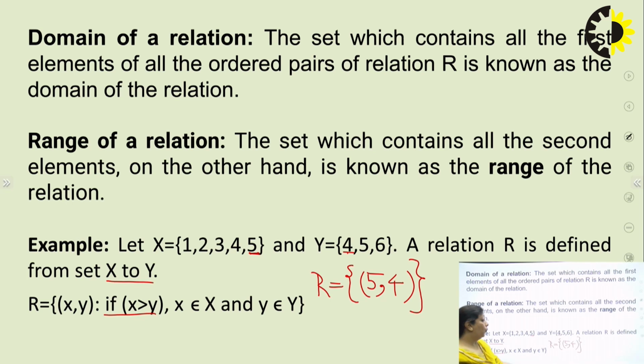So there is only one element in this relation, that is (5, 4). So now the domain for this relation is going to be 5 and the range is going to be 4. So this is how I define the domain and range of a relation.